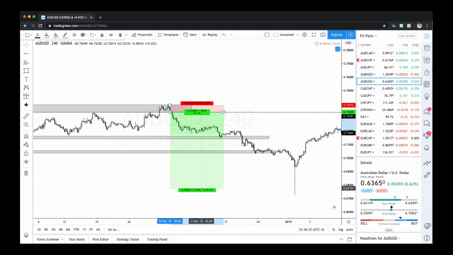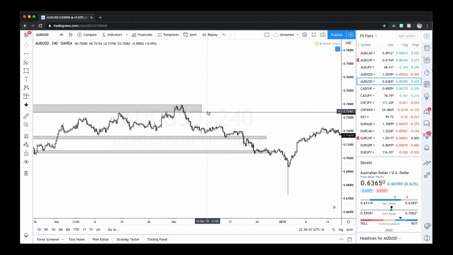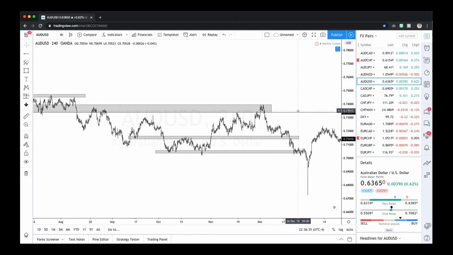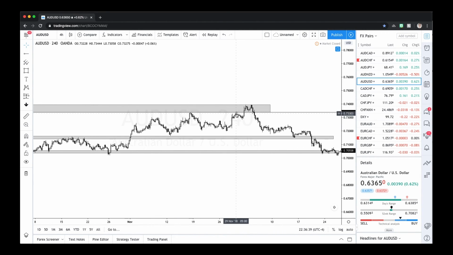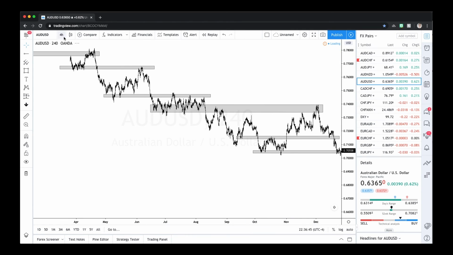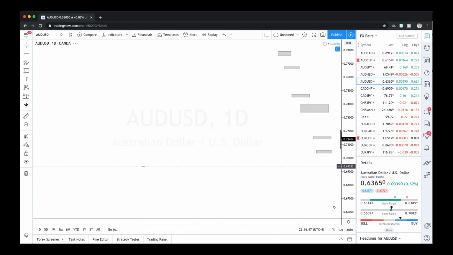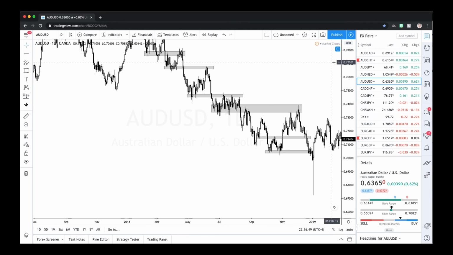That would have been over 600 pips. So that is why we use zones rather than specific lines. Avoid losses like this one that we would have incurred right there. That is the main reason we use zones rather than lines.